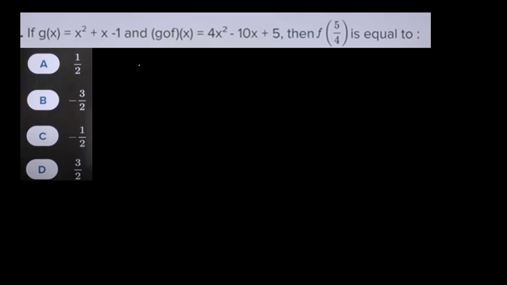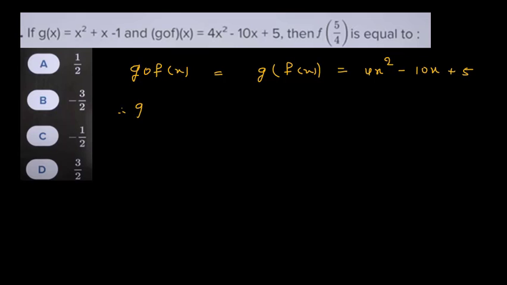Now first here the function is g(f(x)). Now g of x is what? It is given as 4 times x square minus 10x plus 5.